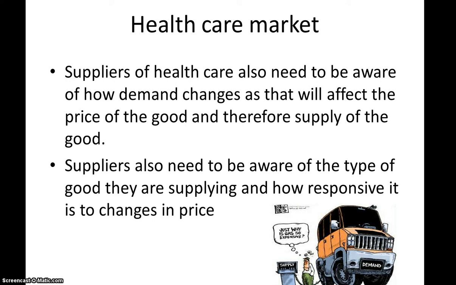Because that has implications on how responsive your product or your good is to changes in price. A lot of the time, with regard to health, these are goods that are needed. So again, you have to be conscious as a supplier as to how responsive changes are, and also be conscious of the different policy implications that can guide you on price.